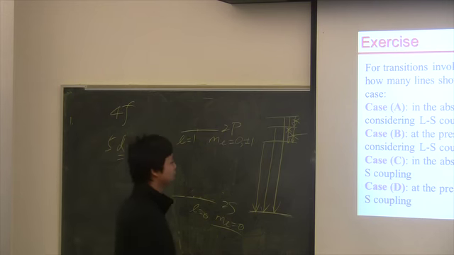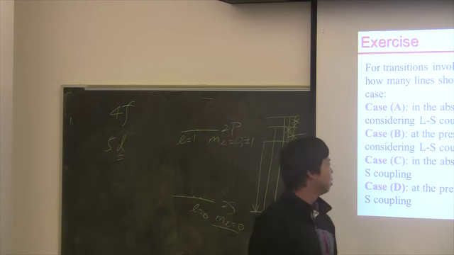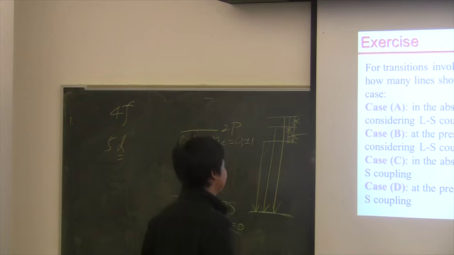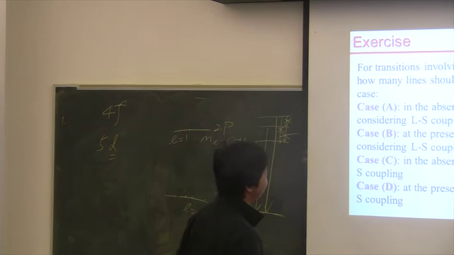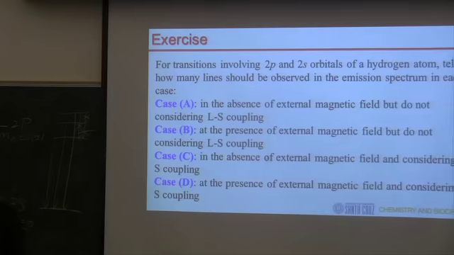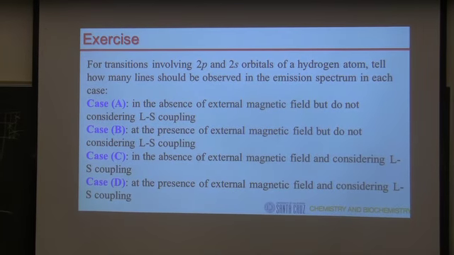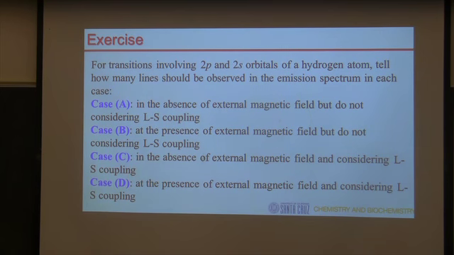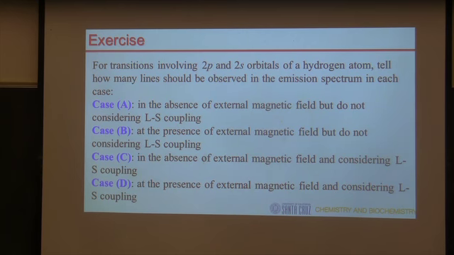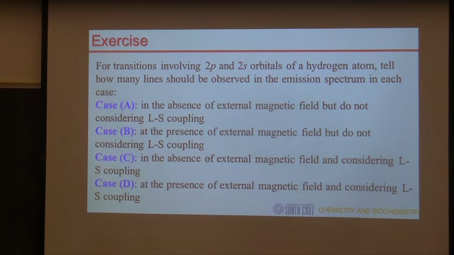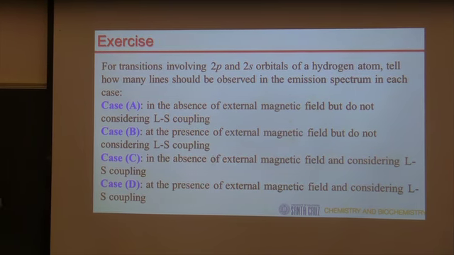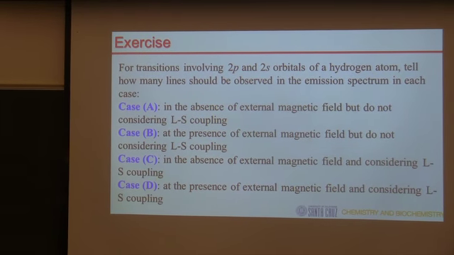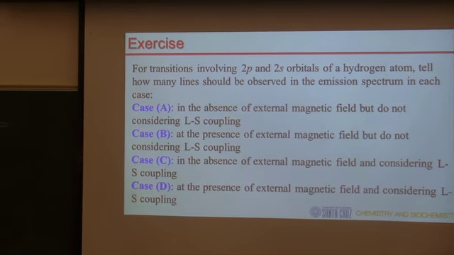Okay, case C. Now we do not apply the magnetic field, but we consider LS coupling. How many lines should we have? Think about it. Well, the initial picture is still there.